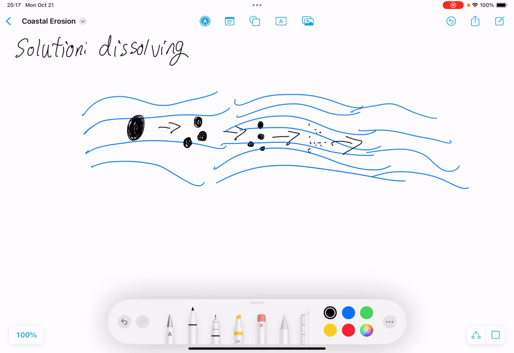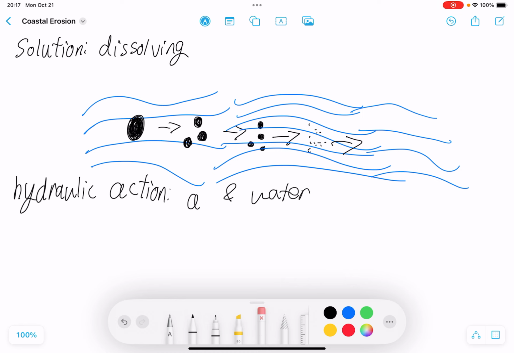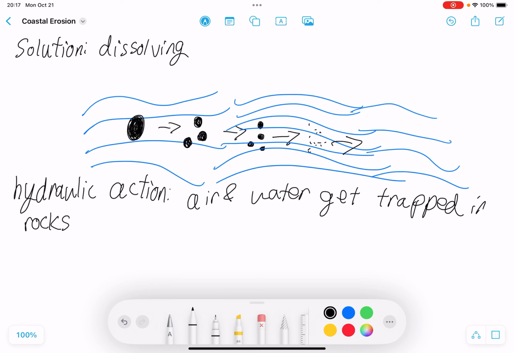The last type, the fourth type of coastal erosion, is hydraulic action. Hydraulic action is when air and water get trapped inside the cliff faces, in rocks and cliff faces on the coastline.